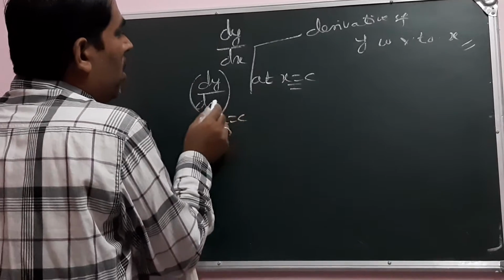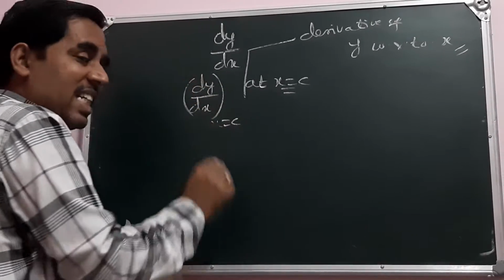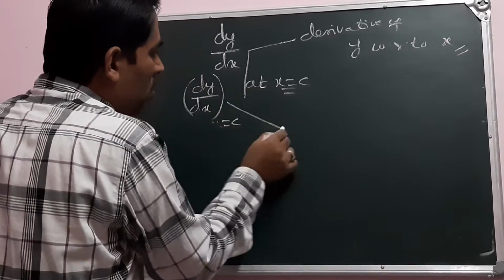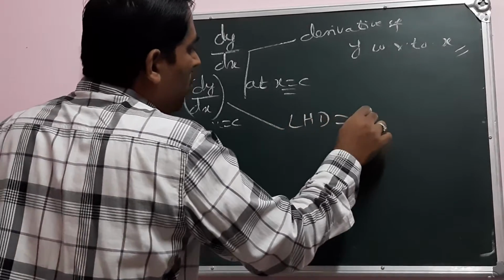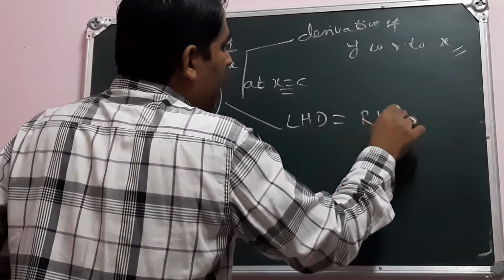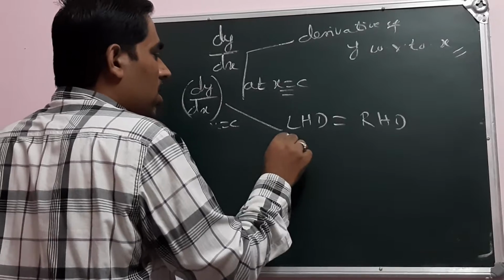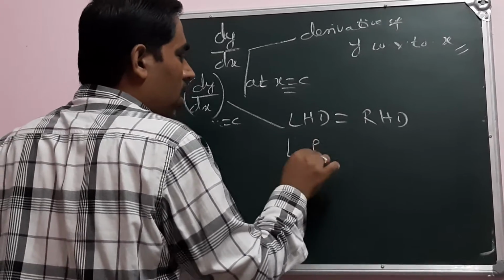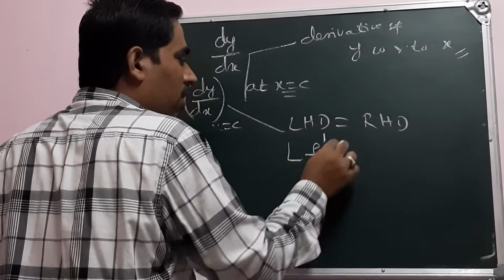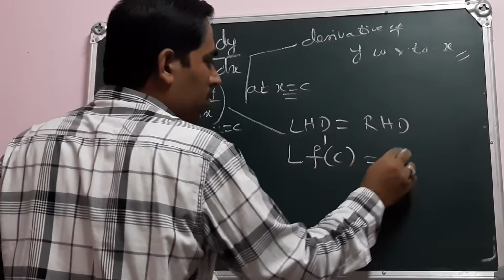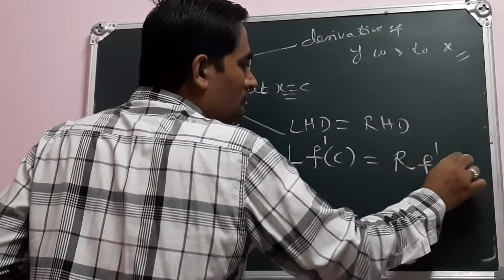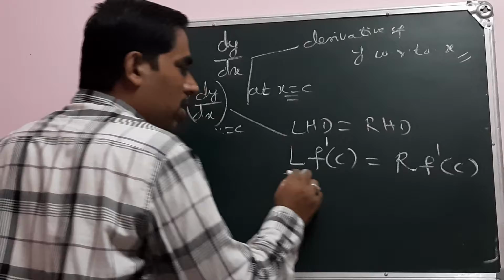To say that this derivative exists, or the function is differentiable, we should prove that the left hand derivative is equal to the right hand derivative at the same point c.